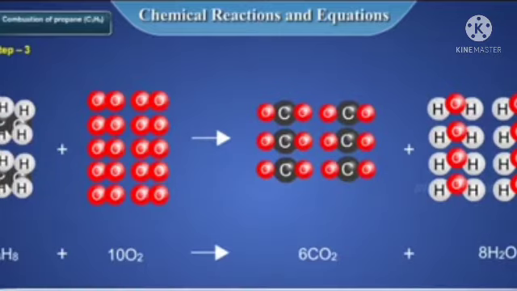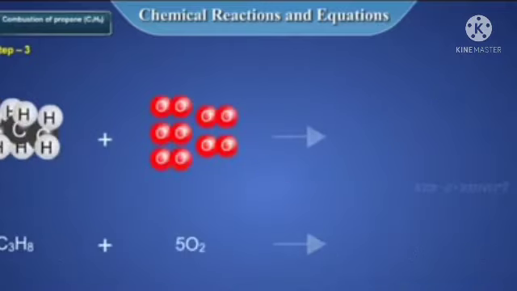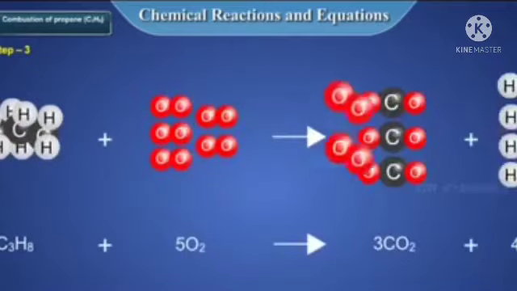The equation is balanced, but the coefficients are not the smallest whole numbers. It would be necessary to divide all coefficients of the equation by 2 to reach the final equation, C3H8 plus 5O2 gives rise to 3CO2 plus 4H2O.